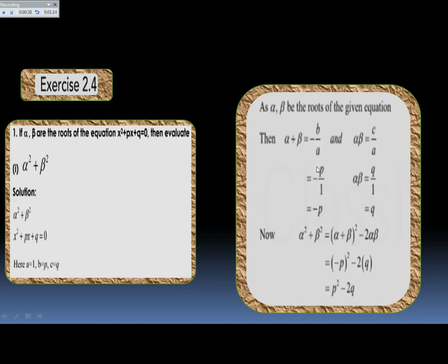Putting the values of a, b and c, the values are minus p and q. Now alpha square plus beta square is equal to alpha plus beta whole square minus 2 alpha beta. Putting the values, minus p whole square minus 2q, so p square minus 2q is the value of alpha square plus beta square.